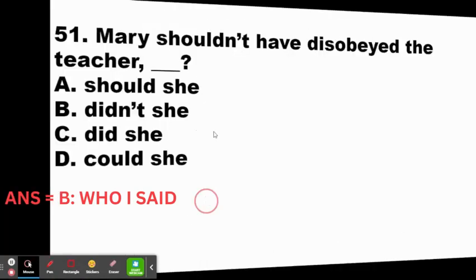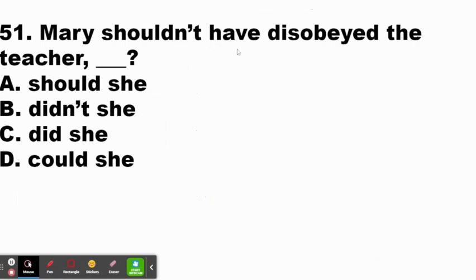Okay, so question number 51. Mary shouldn't have disobeyed the teacher, dash. A, should she? B, didn't she? C, did she? D, could she? Now, one of the rules that should guide tag questions is that the auxiliary verb in the statement is usually repeated in the tag.